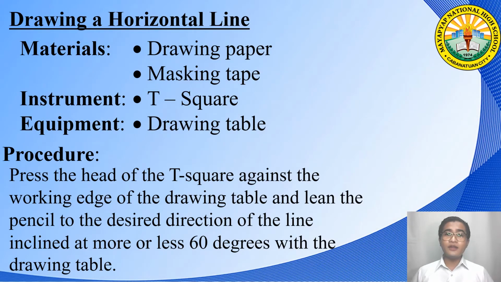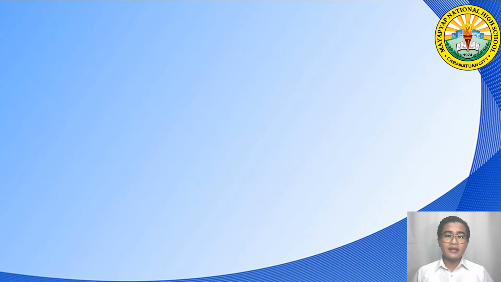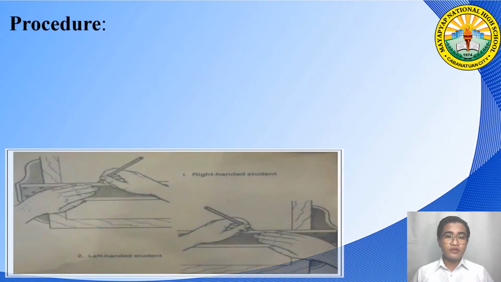Remember, the head of the T-square should be at the left side if you are right-handed, and at the right side if you are left-handed. Look at this illustration. The first one is for the right-handed student, and the second one for the left-handed student.